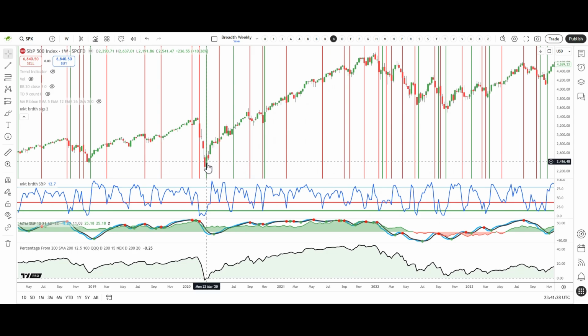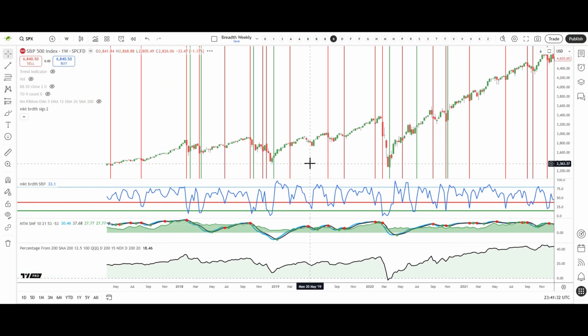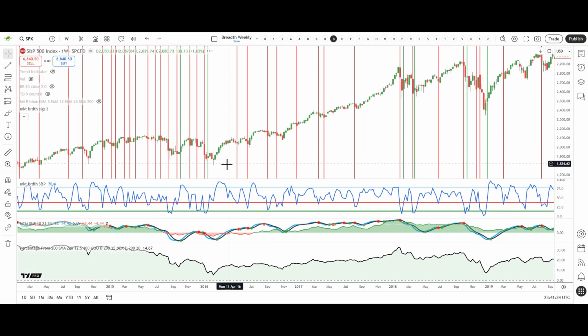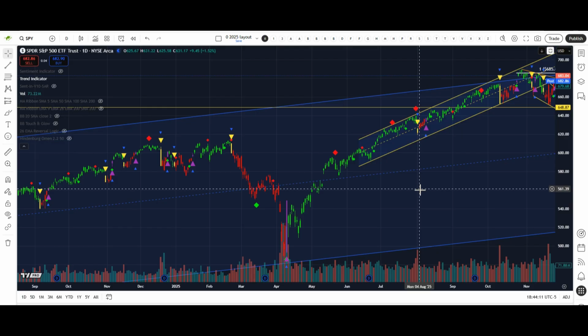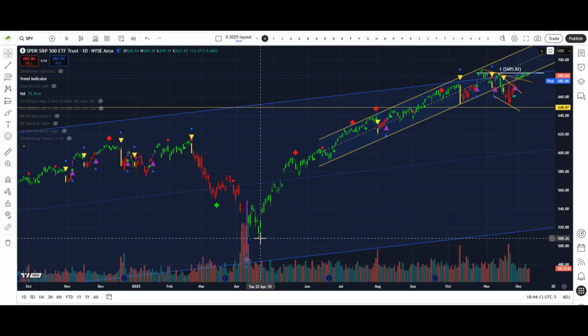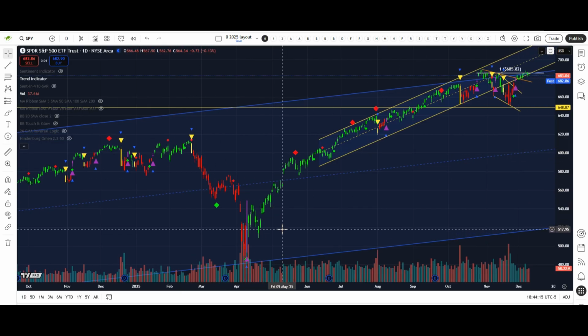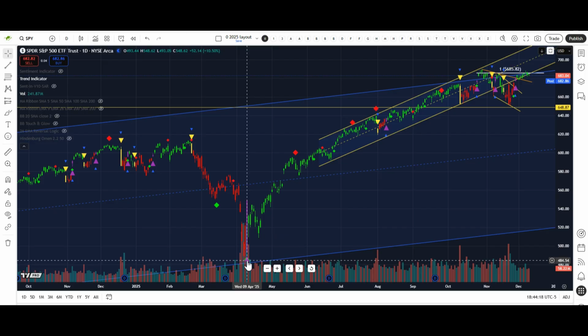So back here, COVID low, every single time we have a crash, we can know when it's safe to jump back in. Combined with the market breadth chart, we're also obviously using the trend indicator as well as the buy and sell signals. So you can see here, when we got that market bottom, we got the buy signal as well as the trend change signal to jump back in.